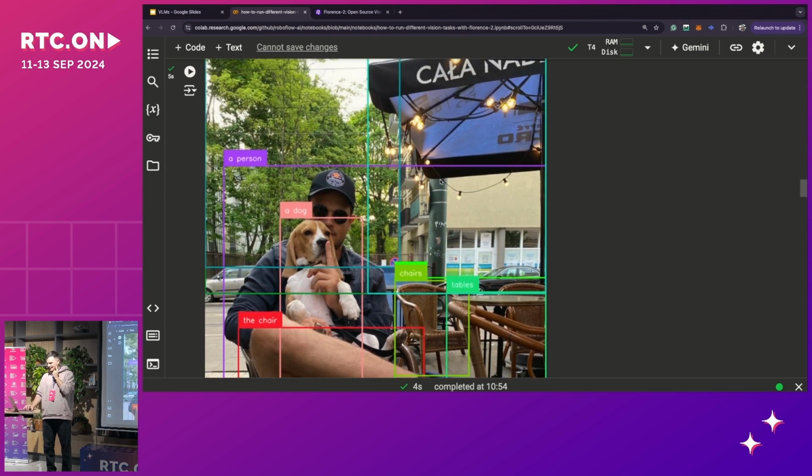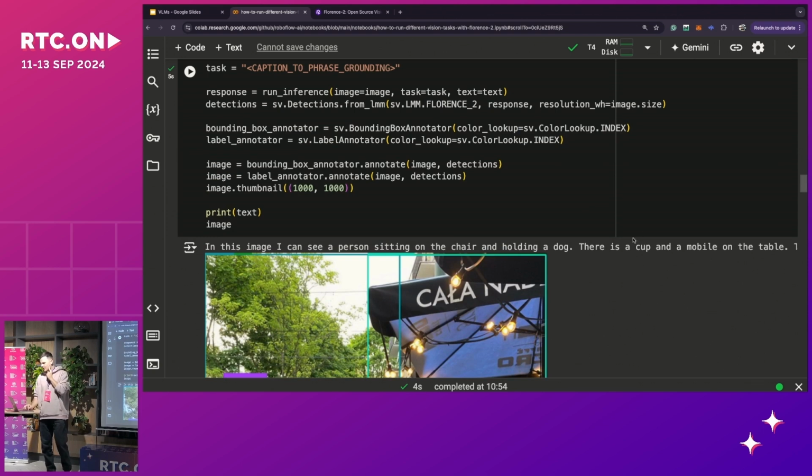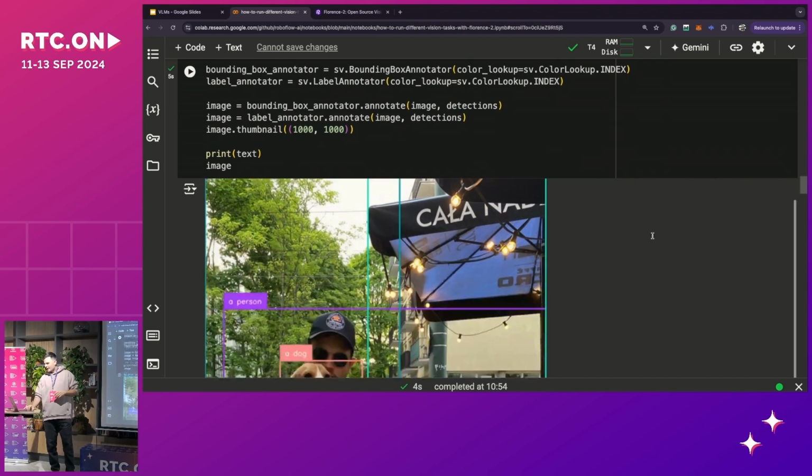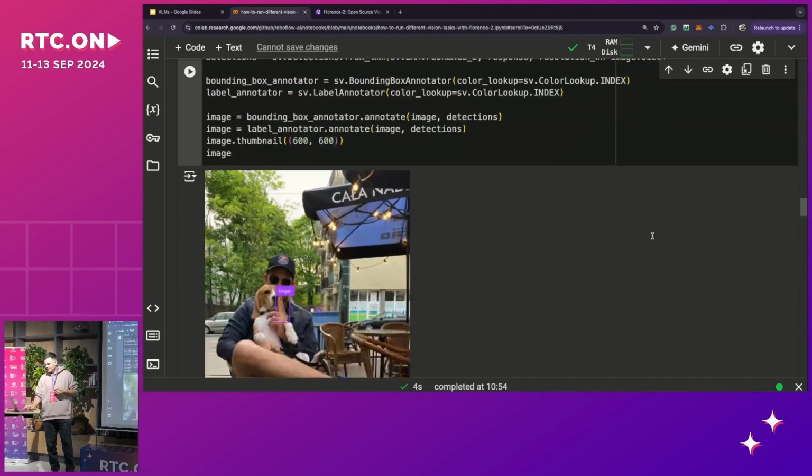All the bounding boxes here are coming from the sentence. I use a pretty silly example, but you can imagine a situation where a user provides a very rough description of a product, and you extract all that information and locate those specific things in the image. So you can use it in all sorts of creative ways.